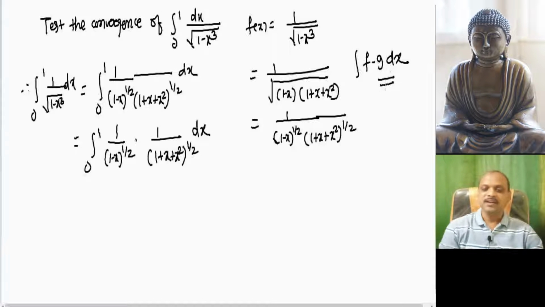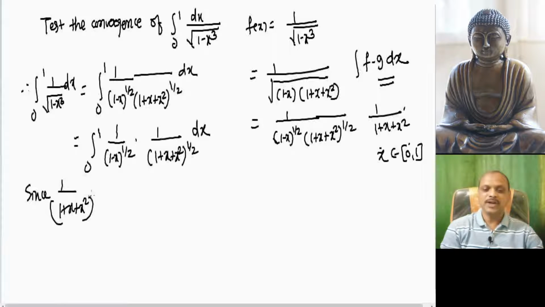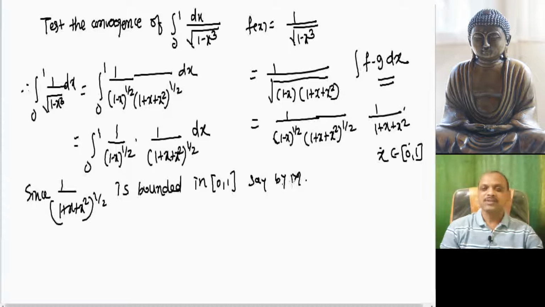Say the second factor, 1 divided by (1 plus x square) whole raised to 1 by 2, does not have any singularity at 0 and 1 and in between 0 and 1. We get a maximum value of this function at x equal to 0, so this function is a bounded function. Since this function is bounded in the closed interval 0 comma 1, say by capital M, this is an upper bound.